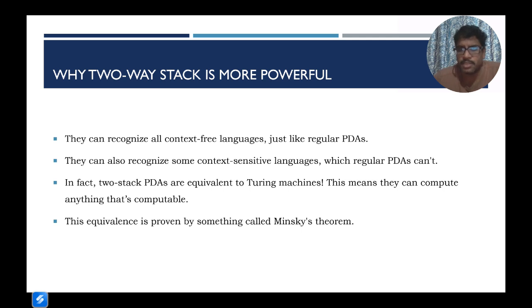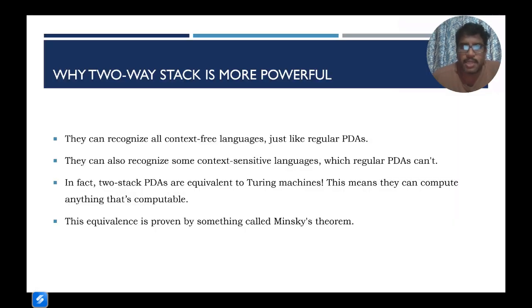Whatever problems are solved by the Turing machine can also be solved by the two-stack PDA. This means they can compute anything that is computable. This equivalence is proven by something called Minsky's theorem.